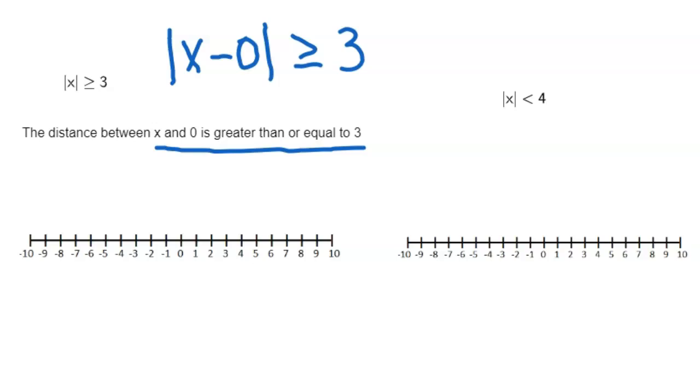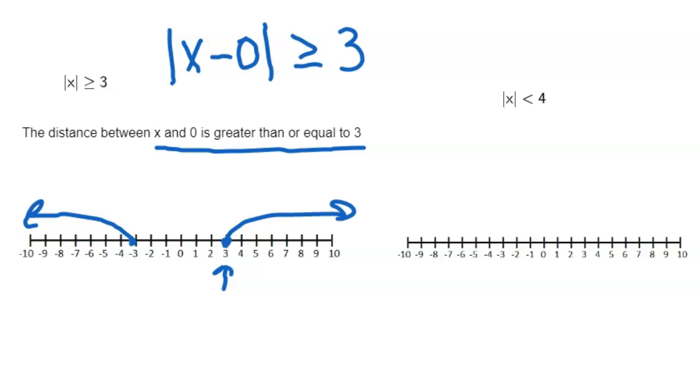Well, that would be right here at positive 3. And it has to be greater than or equal to, so it'd be all the values there or above. And the distance has to be greater than 3, which means it could also be from here and below.